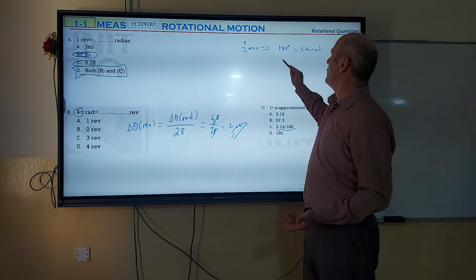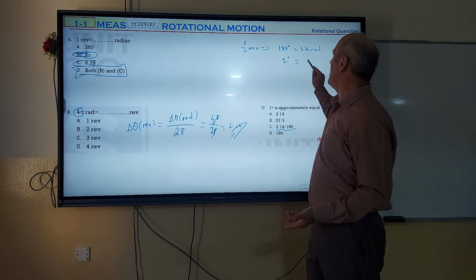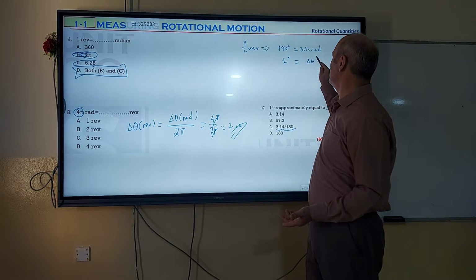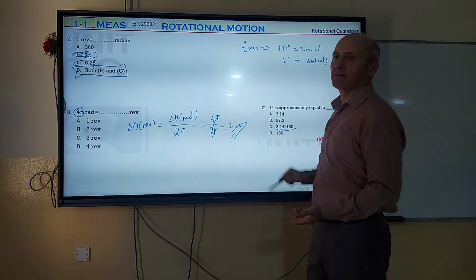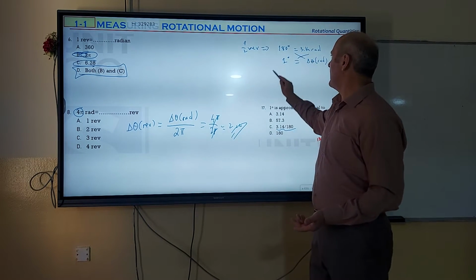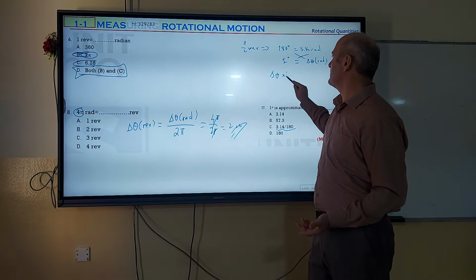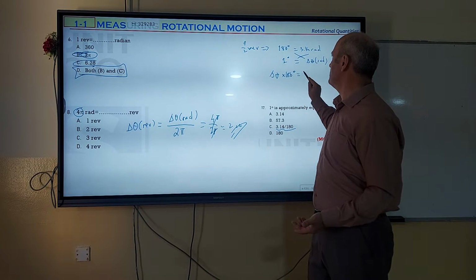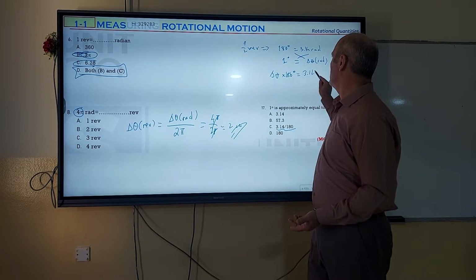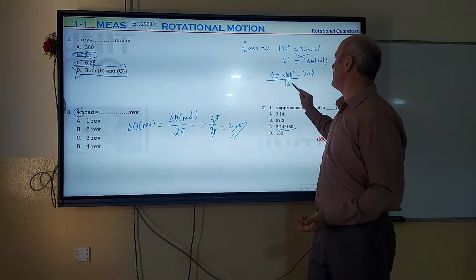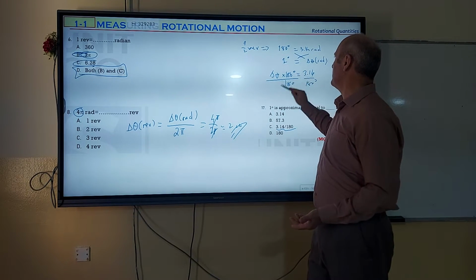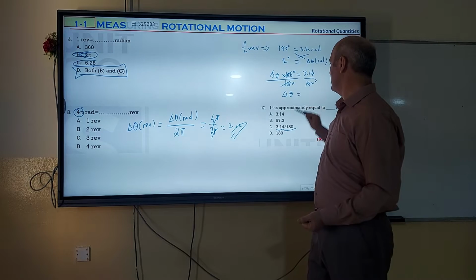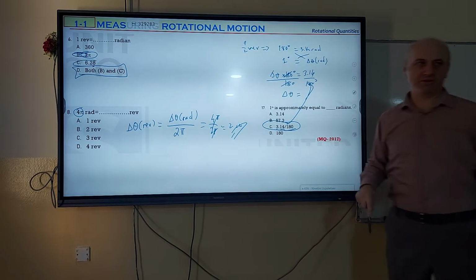So 1 degree, how much angle in radian? Find this. Then delta theta times 180 is equal to 1 times 3.14. Divide both sides by 180, and you will get delta theta as C. That is the answer.